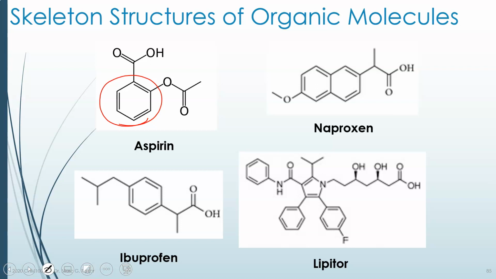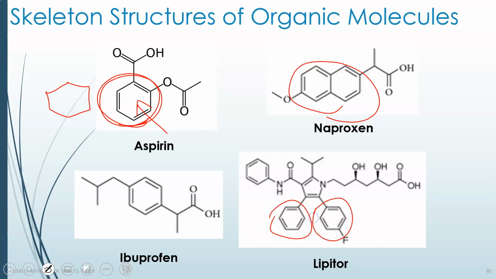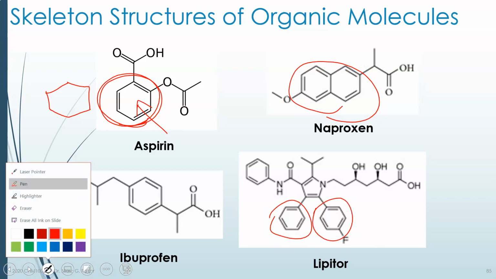But this is not cyclohexane. Cyclohexane would simply be the ring with no double bonds, all single bonds. This is a different kind of ring structure entirely. This is actually what's called the benzene ring, which you may have heard of. This ring right here is a benzene ring. Otherwise, the generic name for benzene type rings like this one and these here are called aromatic rings, but we'll talk about that at another time.